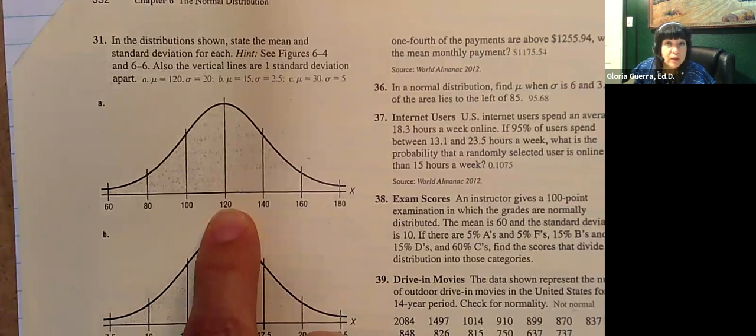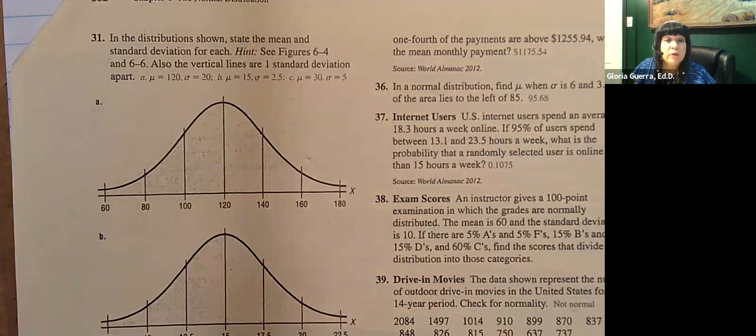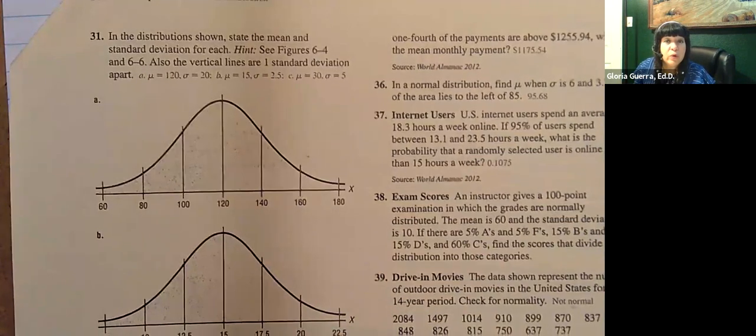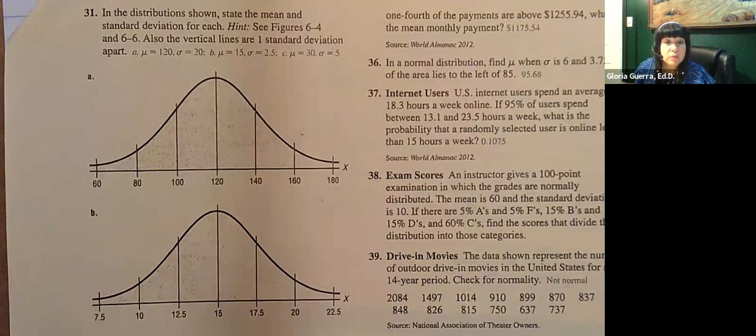And it says, hint, think of your figure 6.4 and 6.6. I'm going to sketch that in a little bit. Also, the vertical lines are 1 standard deviation apart. Okay, so we'll keep that in mind. And then they have little answers there.